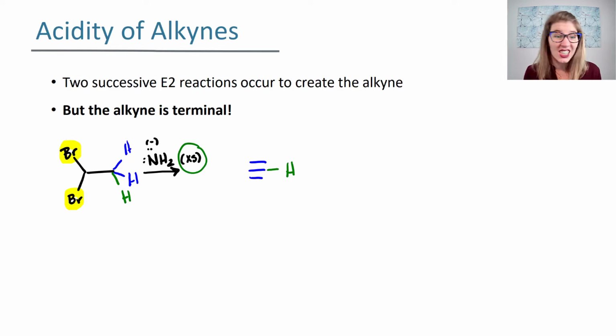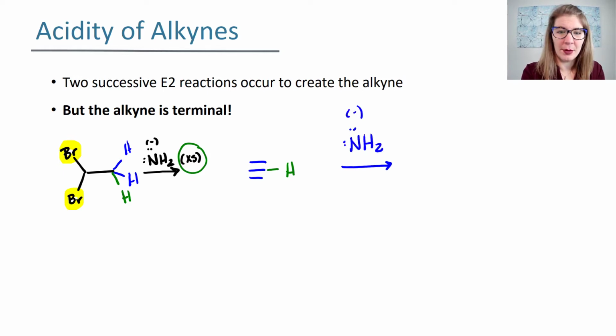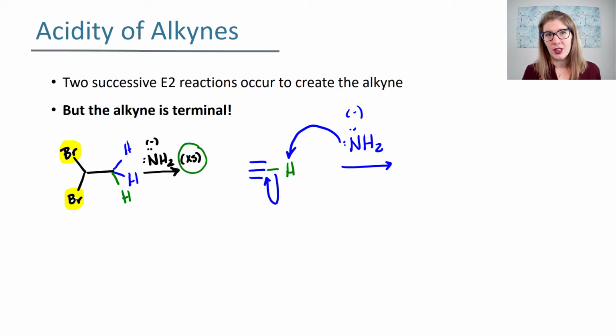You cannot stop sodium amide from coming in and pulling off this acidic proton. So this reaction that I'm about to draw, you cannot prevent. It's going to happen. What you need to do is make sure that you have plenty of sodium amide in the flask in order for that reaction to completely occur.